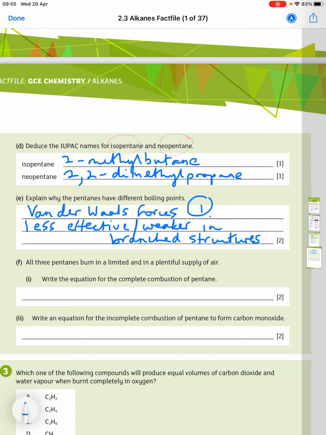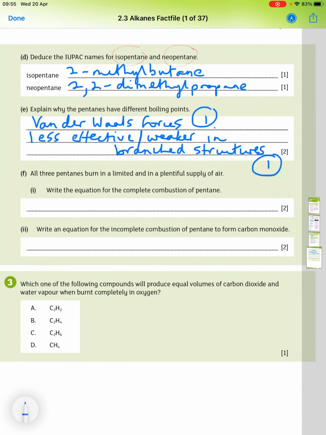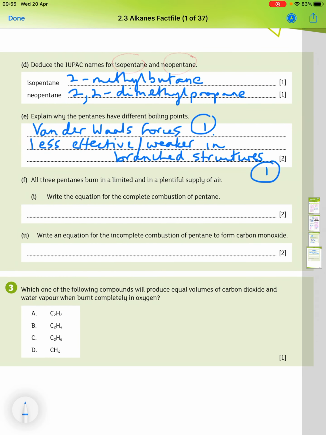In this question, you would get 1 mark for mentioning van der Waals and 1 mark for mentioning that they're weaker in branched structures.